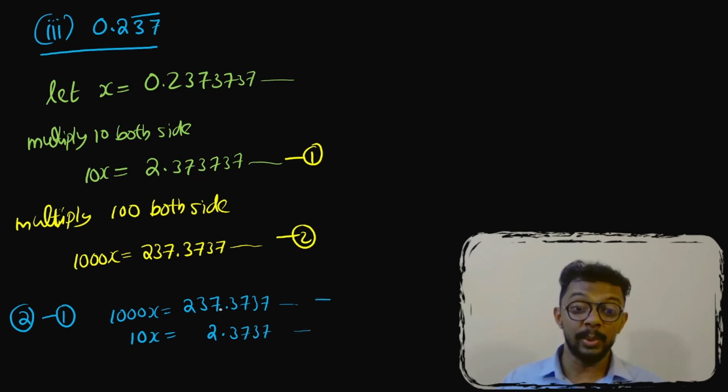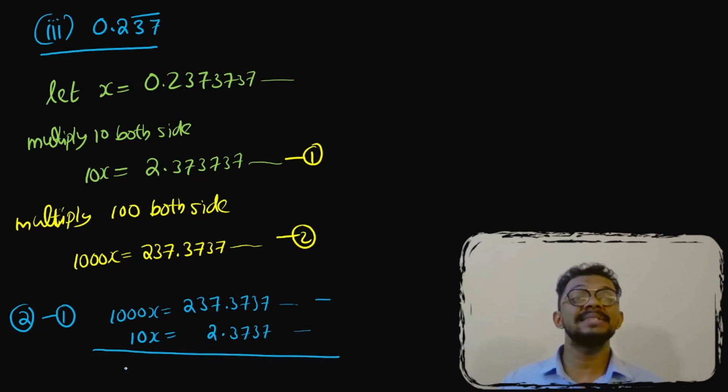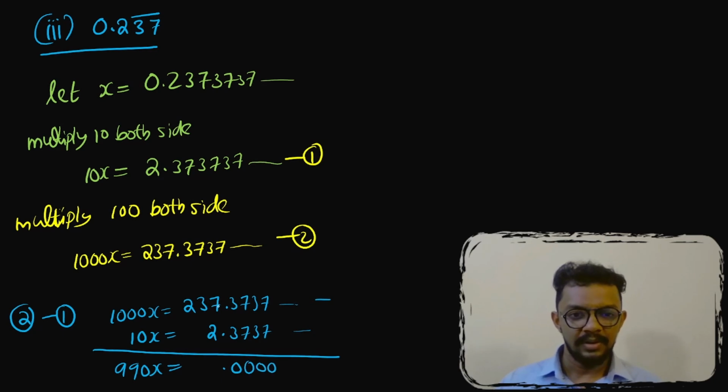When subtracting, always remember the decimal should be just below the decimal, otherwise you get confused. Okay, 1000x minus 10x is 990x. Whatever is after the decimal gets cancelled. 7 minus 2 is 5, 3, 2.